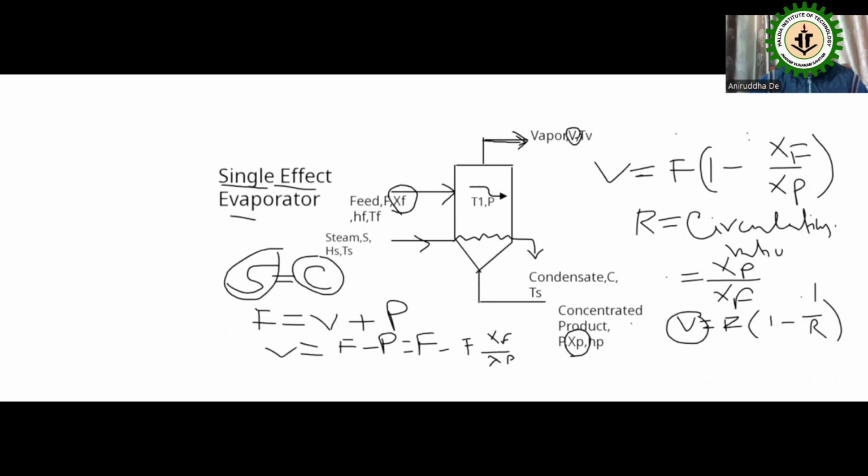So V indicates the size of the commercial evaporator. V can be calculated by the equation F into 1 minus 1 by R, where R is the circulation ratio, also known as the concentration ratio.